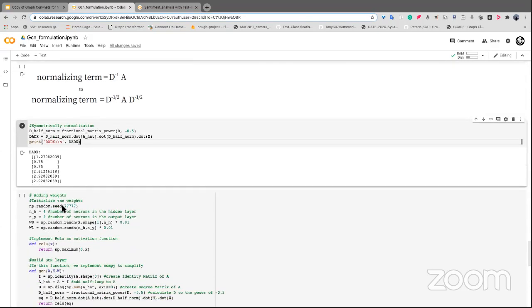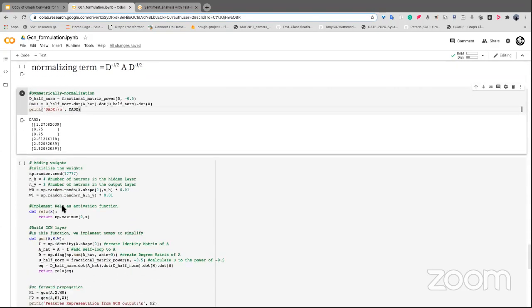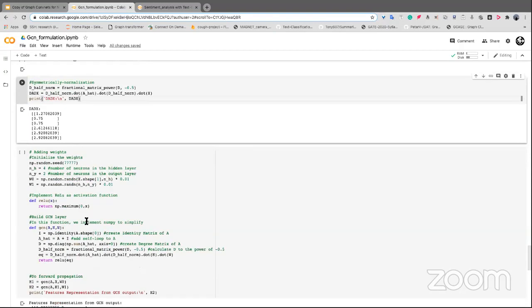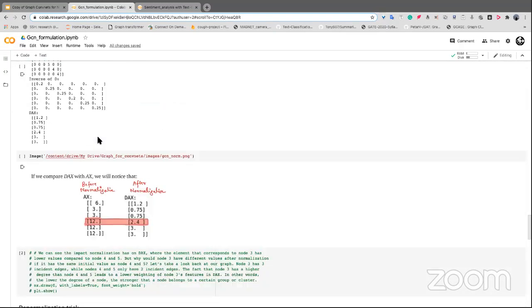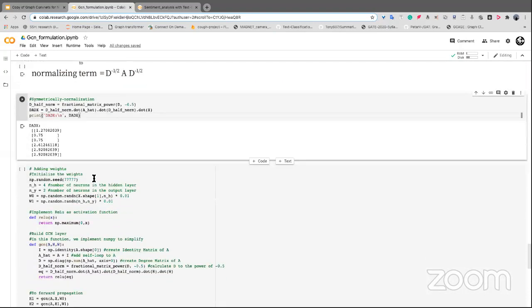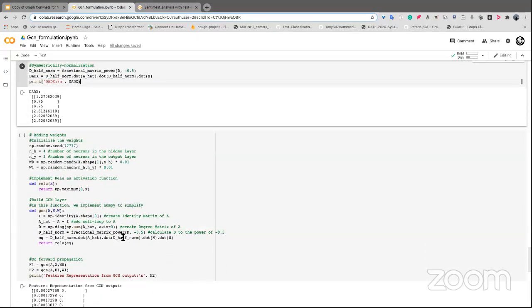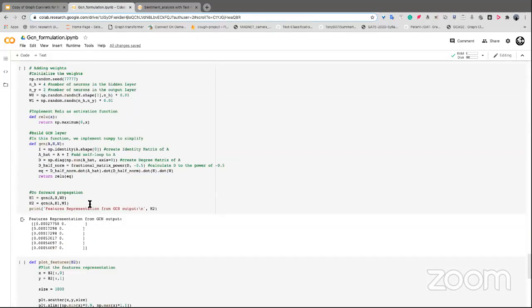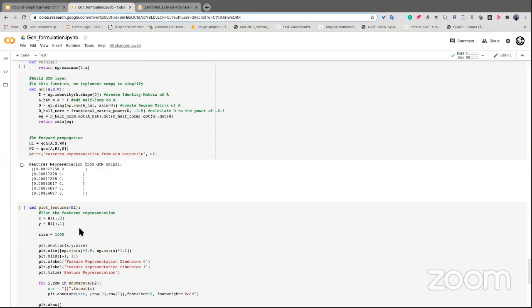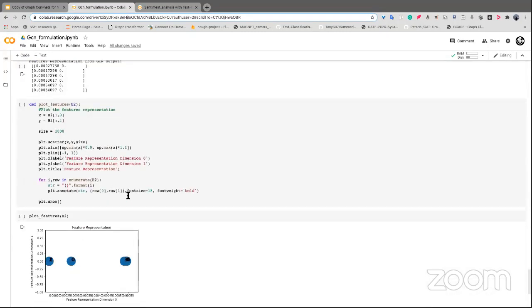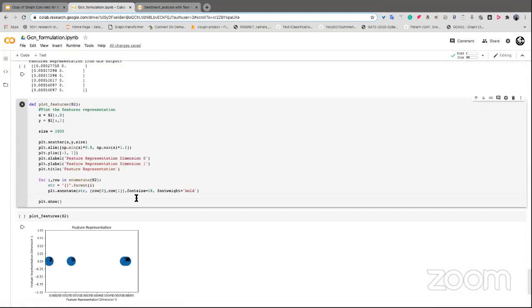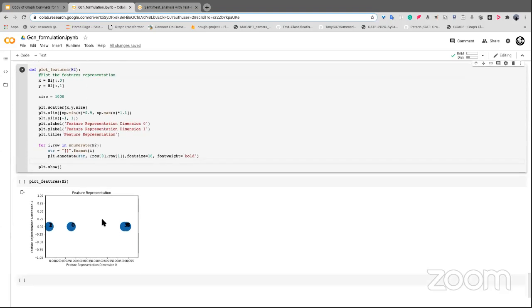For demo purposes, let's build a very simple GCN here. Whatever we have done here is just a forward pass. So we'll build it inside this function, and we will pass the graph we have built. After that, you can see this is a feature representation, and if we visualize the graph, you can see we have not even started training, but the GCN features are able to cluster these nodes into two clusters.